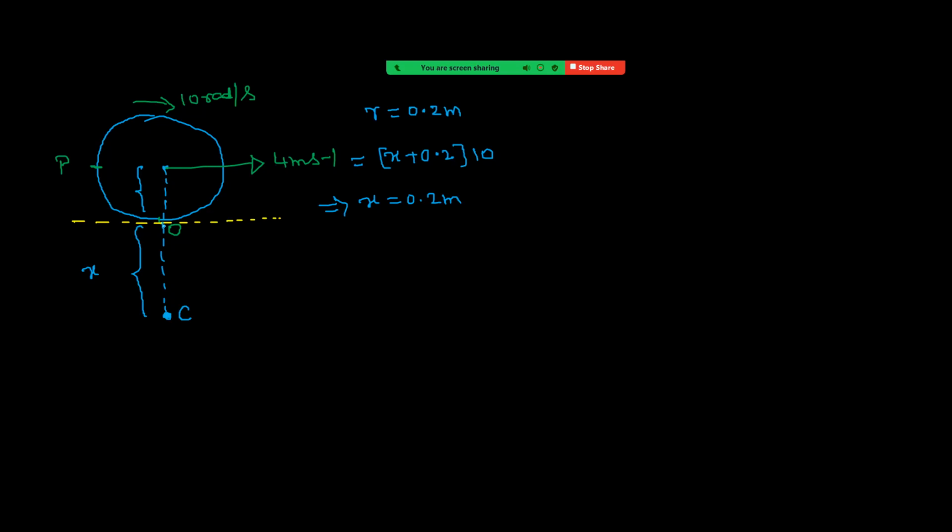So 0.2 below point O. And what we discussed previously for point O velocity: because of translation, 4 meter per second right side. Because of rotation, it is 0.2 into 10, r omega. This is left side. So net value is 4 minus 2, that is 2 meter per second right side.